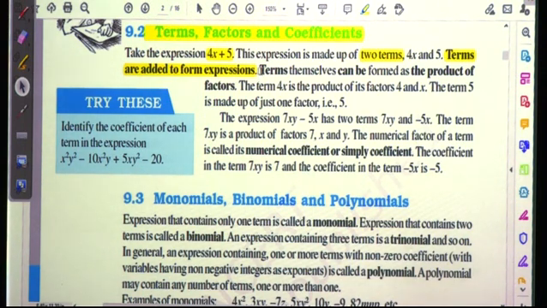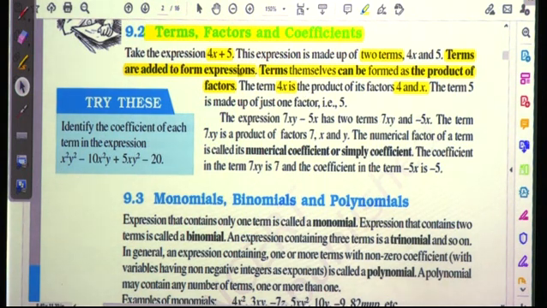Now we understood how an expression is formed, with the help of terms that are added. But how are terms formed? Terms themselves can be formed as a product of factors. The term 4x is the product of its factors 4 and x.